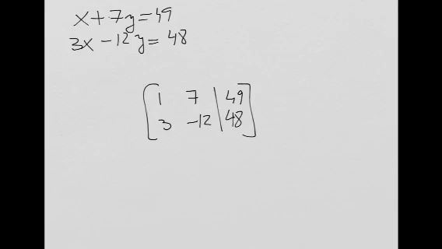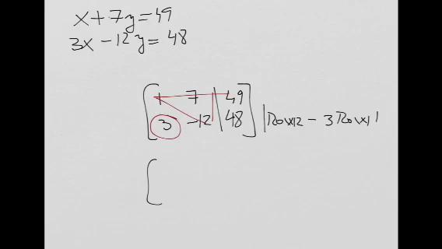Row echelon: remember, we're trying to get this triangle shape in there. So I'm going to use the first row to get rid of this 3 there. How am I going to do that? Well, I'm going to do row 2 minus 3 times row 1. So the first row is going to stay the same.